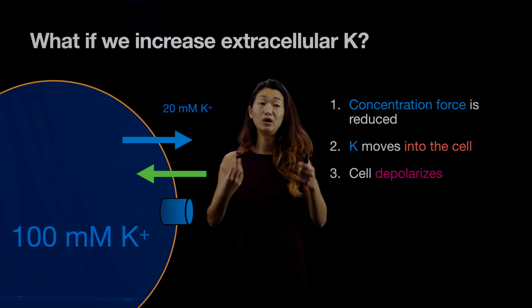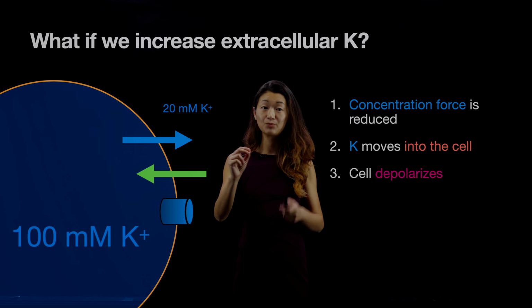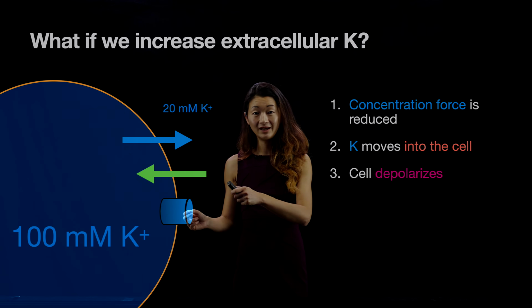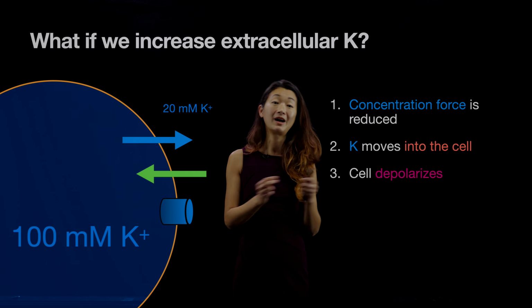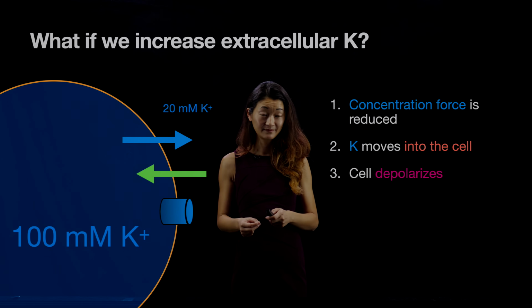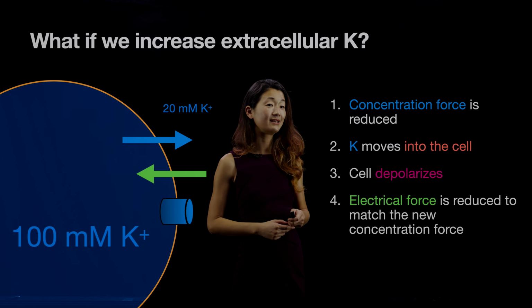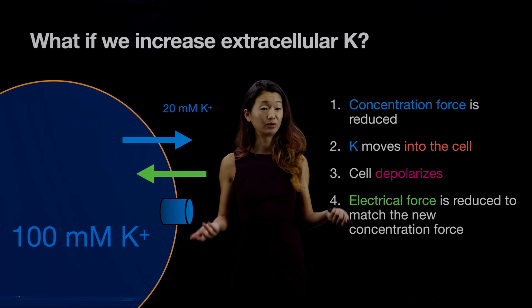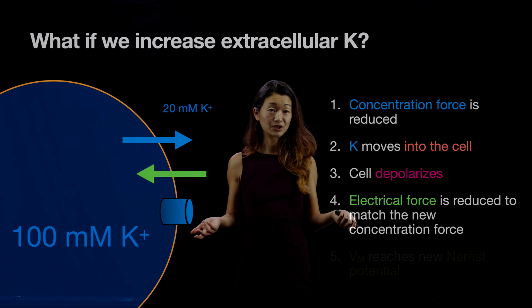The cell then depolarizes because we have positive ions moving into the cell, making the membrane potential more positive. Another way of saying the membrane potential being more positive is that it's depolarizing. And what's going to happen is that the electrical force is then reduced, and we come to a new equilibrium that matches the concentration force.